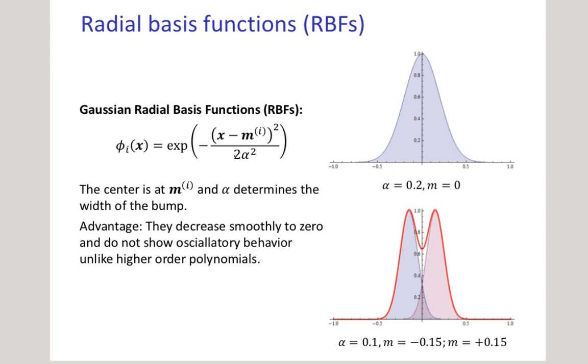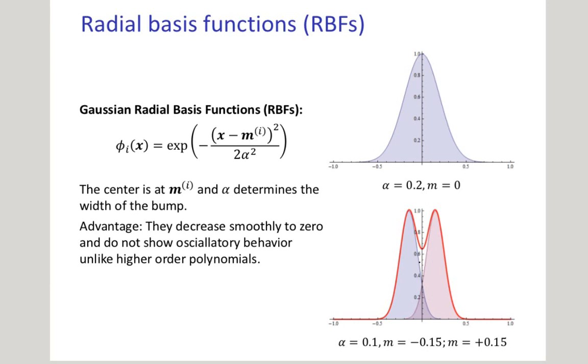Due to the fact that the exponential function declines very fast to 0, Gaussian RBFs have no long-range interactions. Consider the plot on the lower right. The red line is the sum of the two RBFs. While the two Gaussian RBFs interact in the middle of the plot, the function value of the sum beyond negative and positive 1/2 is 0.